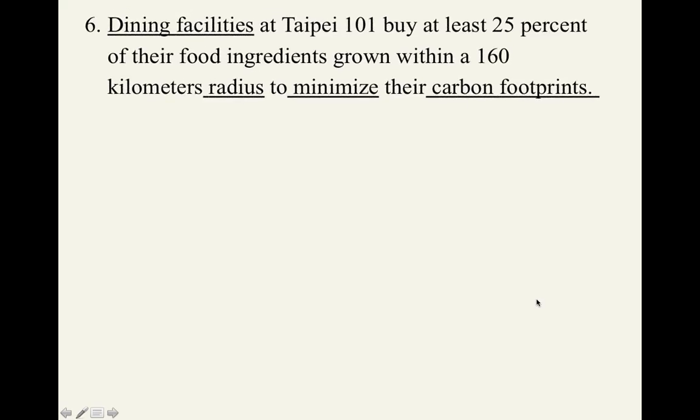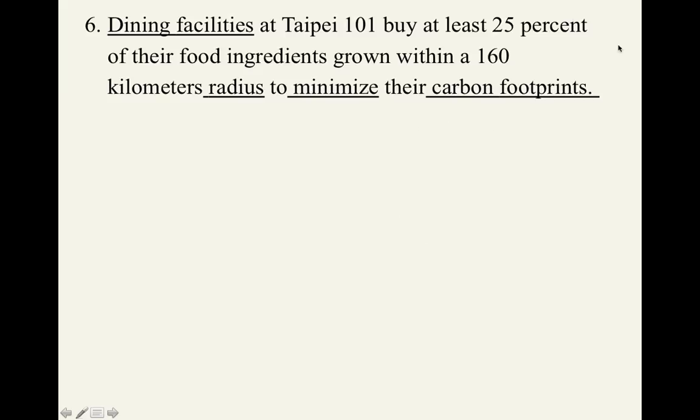Right? And then the next point is dining facilities at Taipei 101 buy at least 25% of their food ingredients grown within a 160 kilometers radius to minimize their carbon footprints.